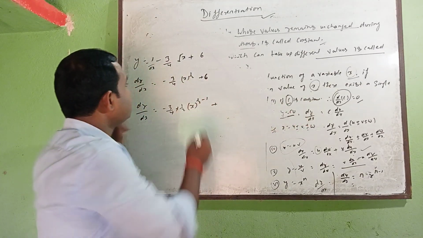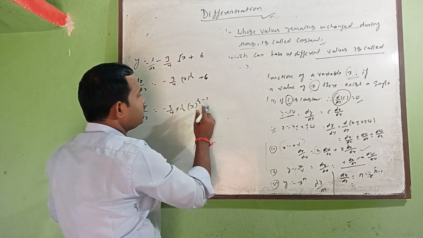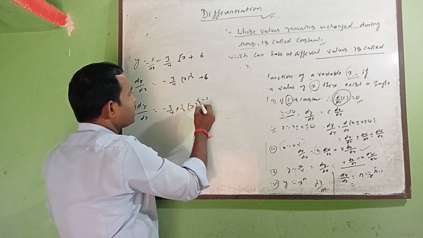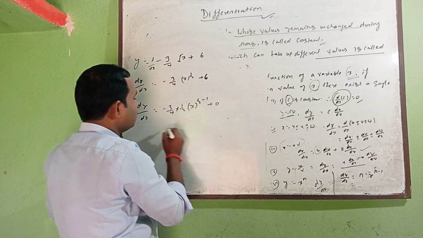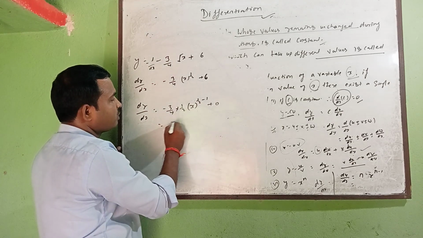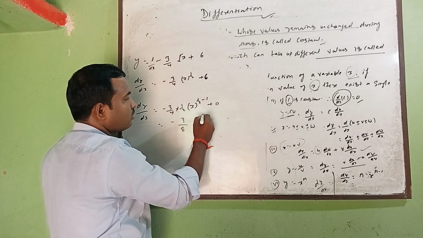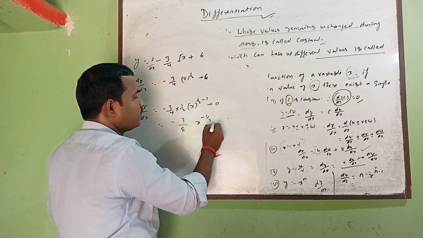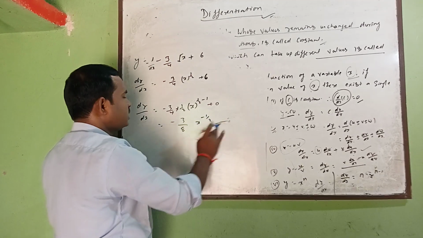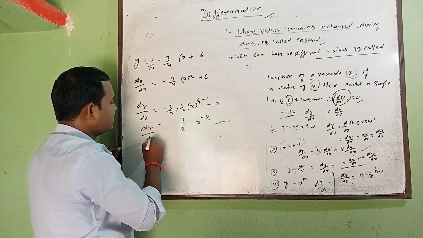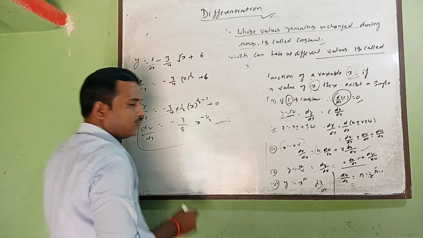So this will be 0. So here minus 3 by 8 x to the power minus half plus 0. That is the constant. So dy by dx you can find like that.